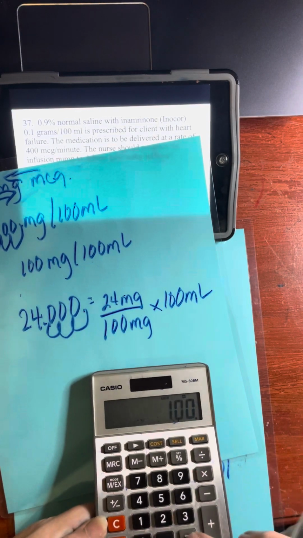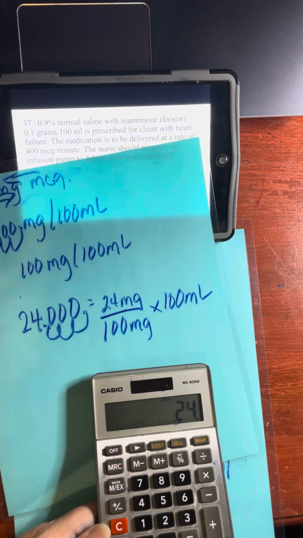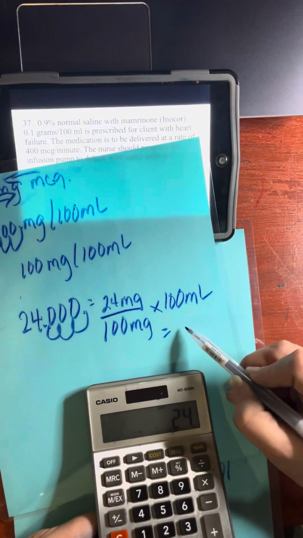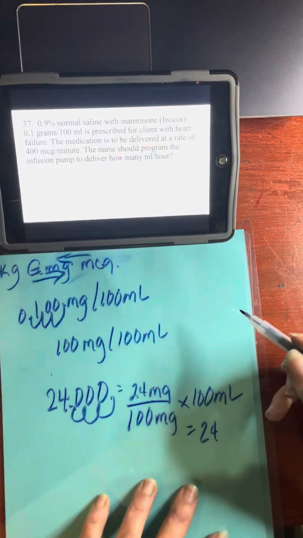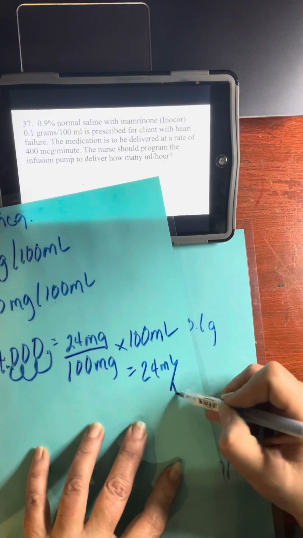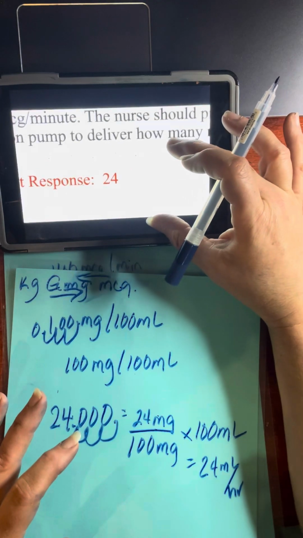Divided by 100 equals, times 100 equals. I know, you could have marked it out, but there's other people who don't realize all that. So it'd be 24 milliliters per hour. Look, boom. Yeah, it is.